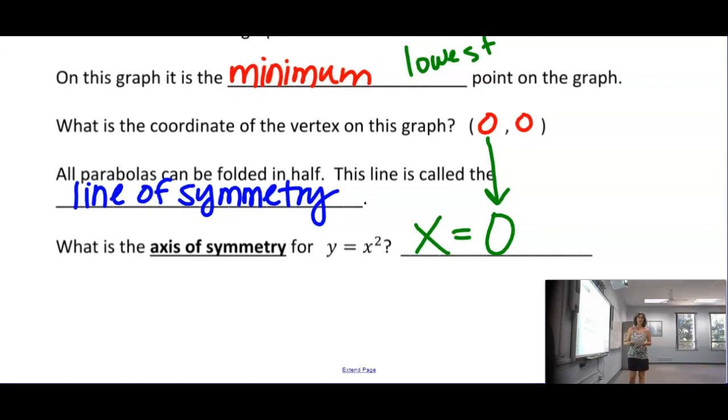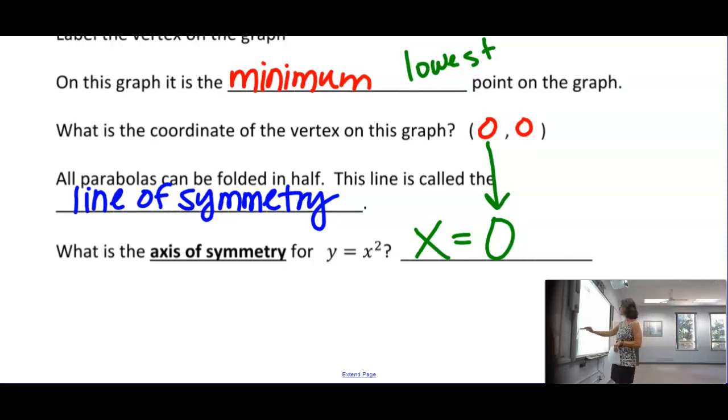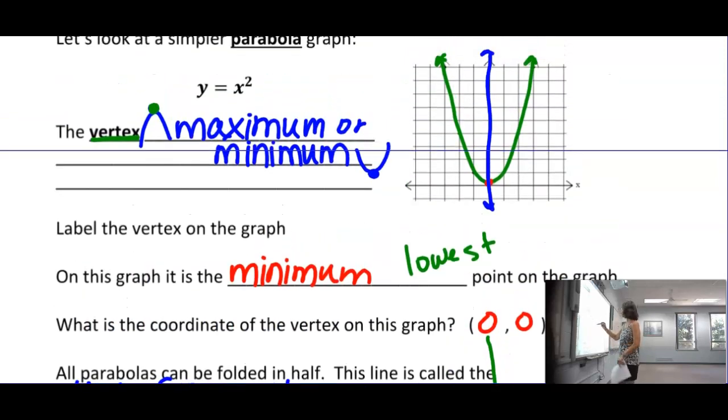And remember, a couple times now I've said you could fold it in half. When I fold a piece of paper in half, it looks like a U shape. This looks like a U shape, and I fold it in half. Well, the left side and the right side are on top of each other. Same thing with a parabola. You can fold this in half on this blue line, and the green line on the left would be right on top of the green line on the right.